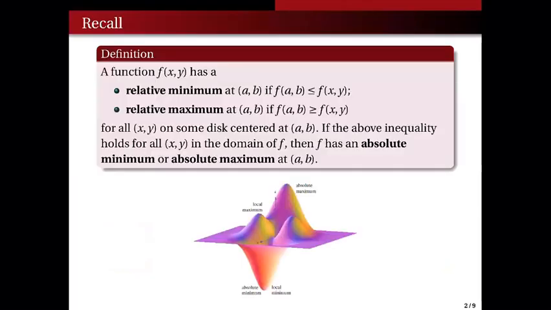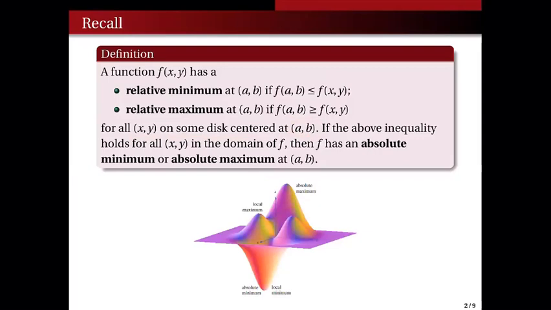So first, we recall the definition of relative minimum and relative maximum. Here we have a function of two variables, f of x, y. We say that this function has a relative minimum at the point (a, b) if f of a comma b is less than or equal to f of x comma y for all x comma y on some disk centered at the point (a, b).